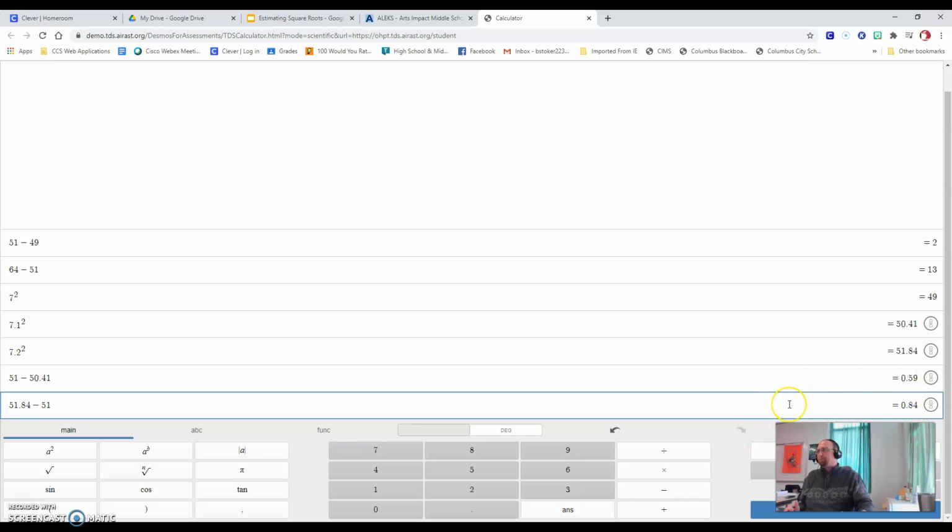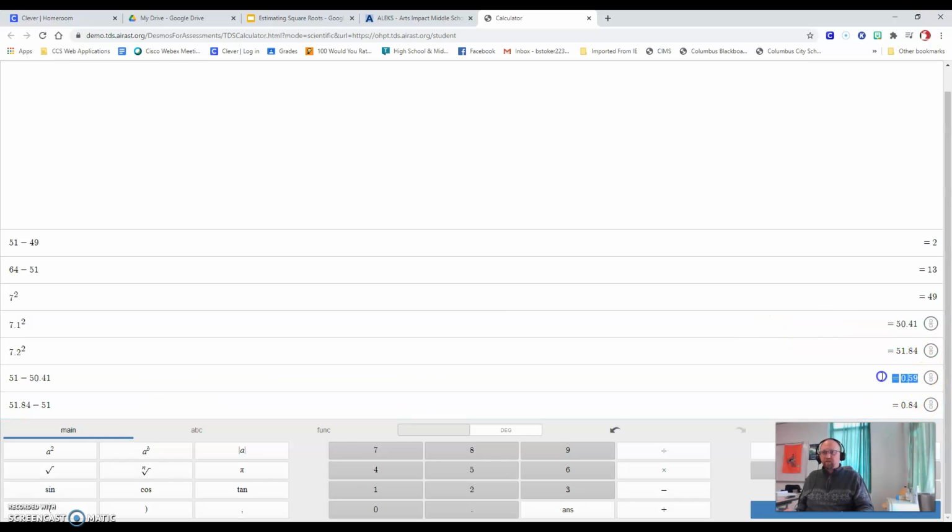Which one of these two is closer to the square root of 51? Whichever difference is smaller, and in this case it's 0.59. So the number that the square root of 51 is closest to is the term that I squared to get 50.41, and that is 7.1.